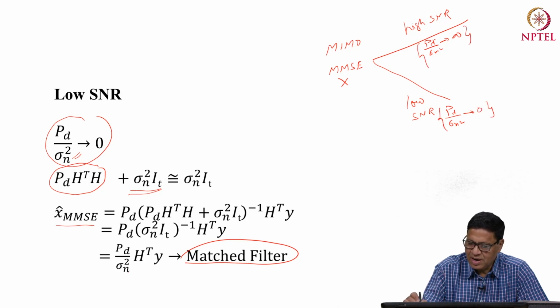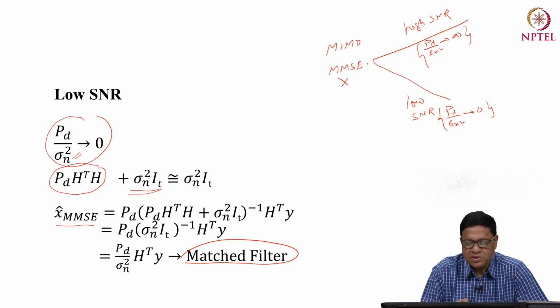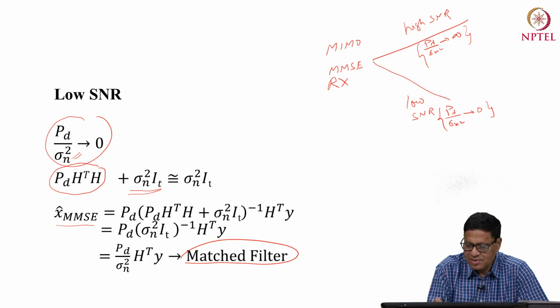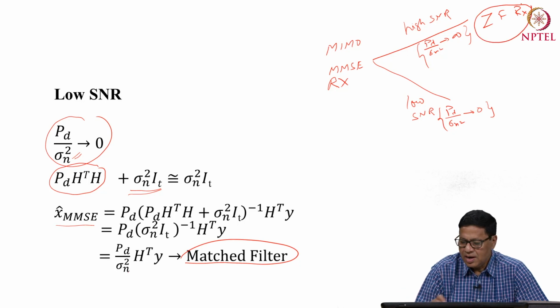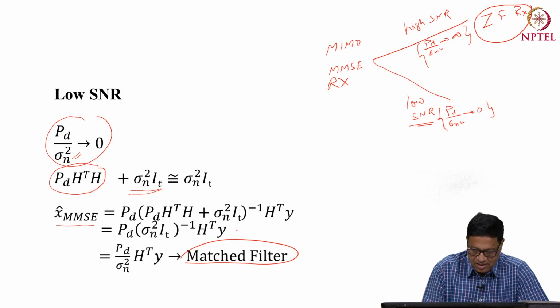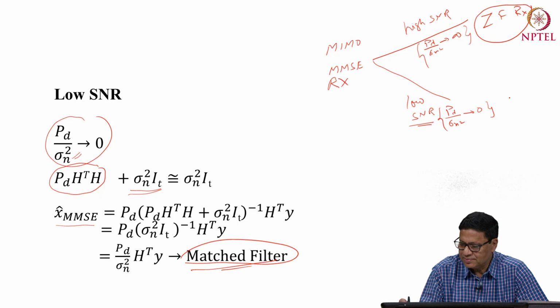We saw that in high SNR, by putting this approximation, this MIMO MMSE receiver reduces to the zero forcing receiver. And in case of low SNR, which is given in this slide, this reduces to a matched filter receiver.